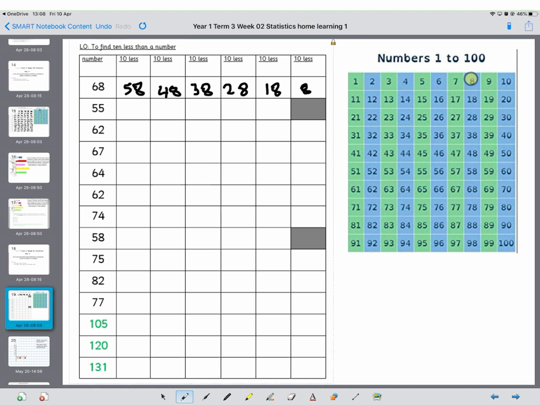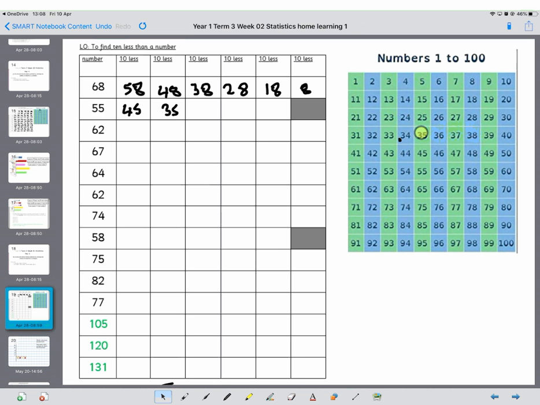Okay, so we're just going to look at the second one, and then we'll have all the answers available for you. So 55 starts here. If we go back 10, it goes up to 45. Then it goes to 35, because that's going back 10. 1, 2, 3, 4, 5, 6, 7, 8, 9, 10.